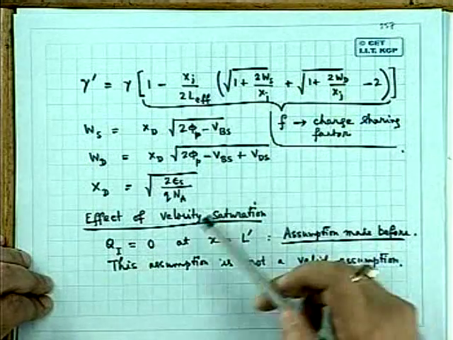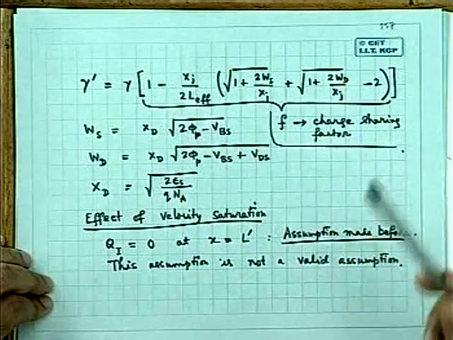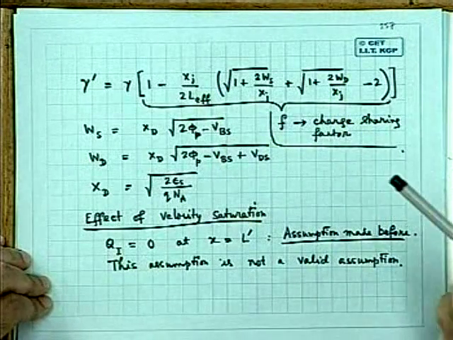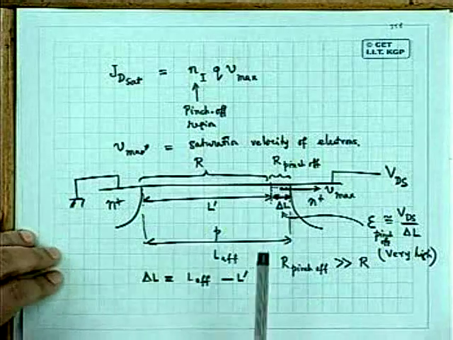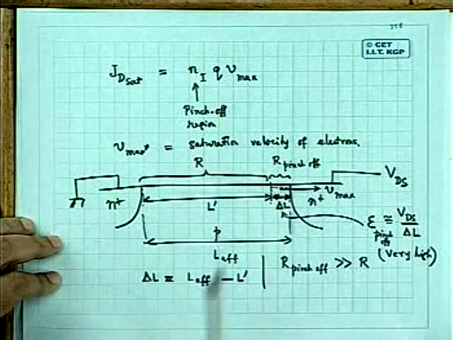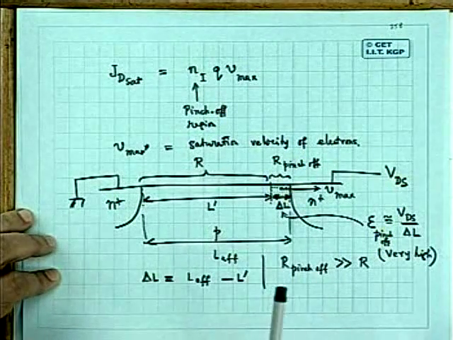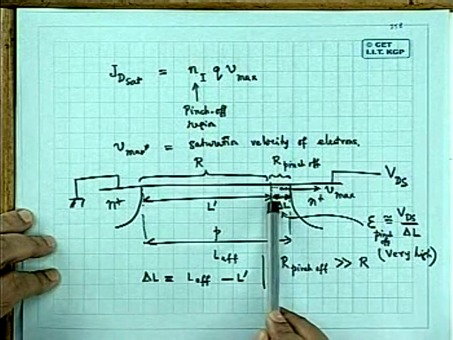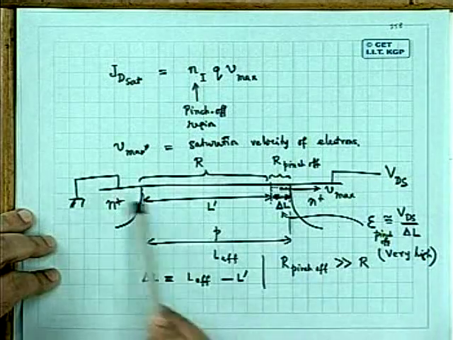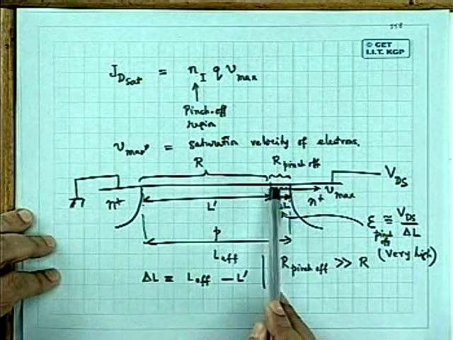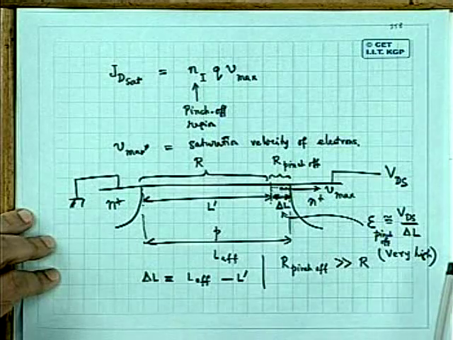Qi cannot be 0. If Qi becomes 0, then the carrier concentration in the inversion layer becomes 0 and the current cannot flow. Therefore, we tried to make a better approximation, first by considering this small region of length delta L adjacent to the drain, where in saturation a very strong electric field appears because the entire voltage VDS is practically dropped across this delta L region.